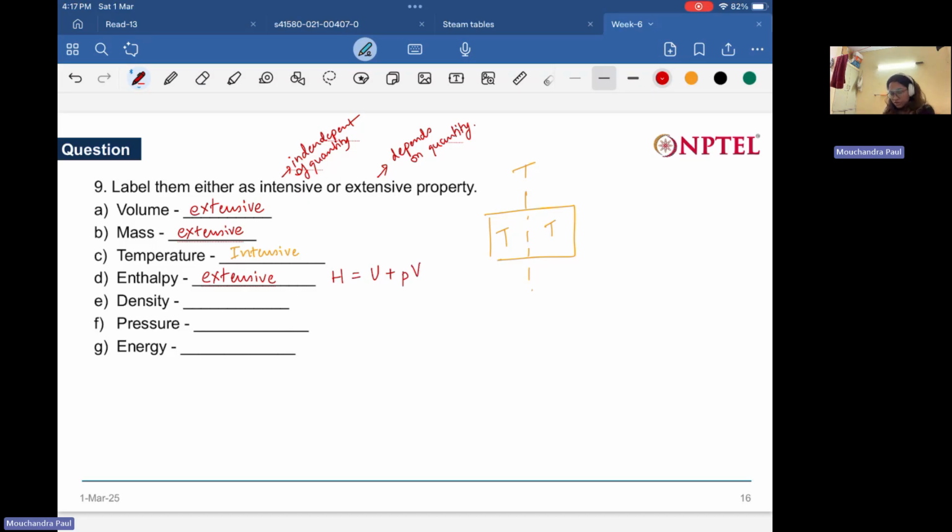So it is a combination of two other extensive properties: internal energy is an extensive property, and volume is also an extensive property. A combination of these two extensive properties is an extensive property only, so enthalpy is an extensive property. Density, what do you think? Is it an intensive or an extensive property?